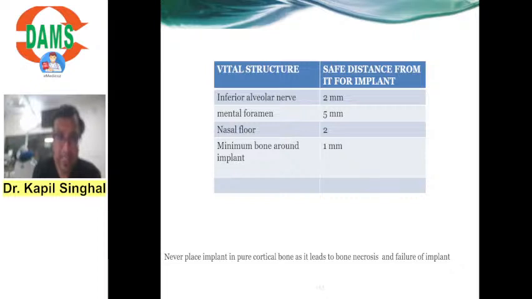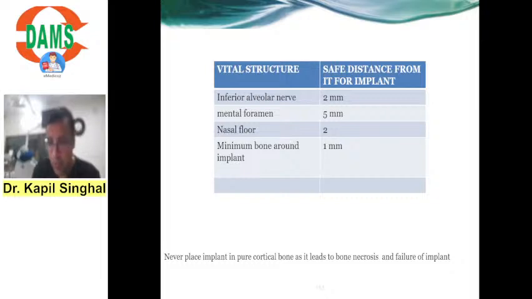So whenever you want to place an implant nearby, the safe distance from this nerve is 5 millimeters. Similarly, from the nasal floor it is 2 mm. The minimum bone around the implant is 1 millimeter.